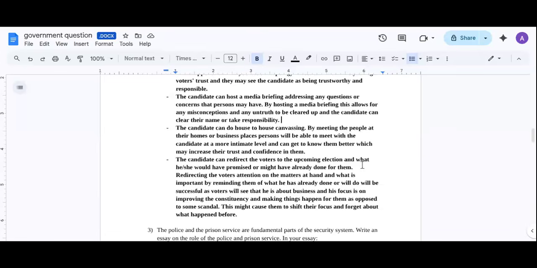Redirecting the voters' attention to the matters at hand and what is important, by reminding them of what he has already done or will do, will be successful, as voters will see that he is about business and his focus is on improving the constituency and making things happen for them as opposed to some scandal. This might cause them to shift their focus and forget about what happened.